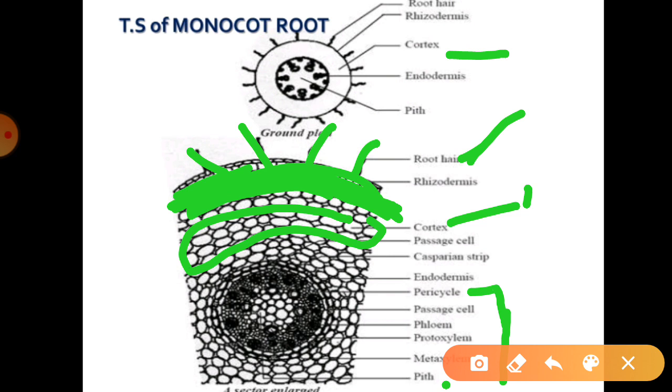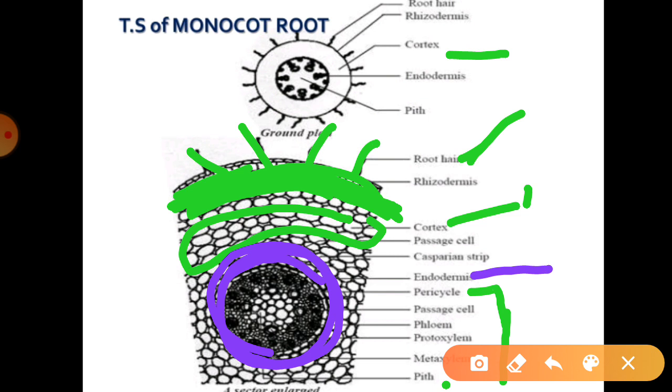Then there is another part called the endodermis. You must understand this endodermis part. These parts are the endodermis, and it is always a single layer made up of barrel-shaped cells which do not have any intercellular spaces between them.